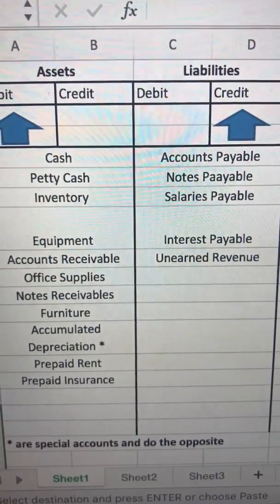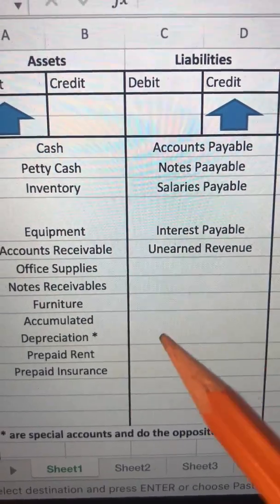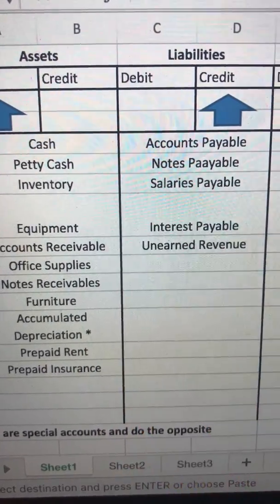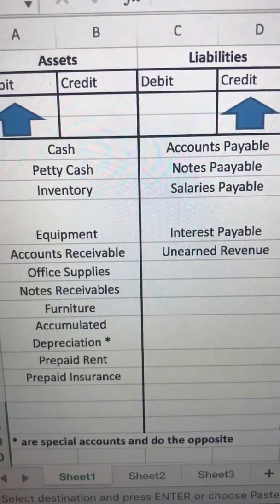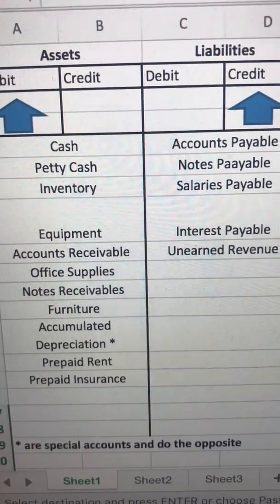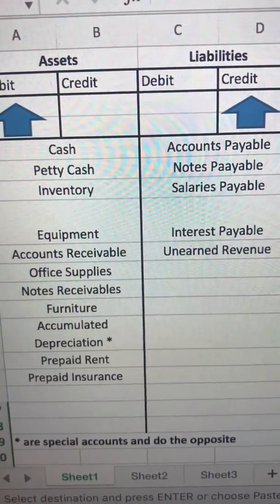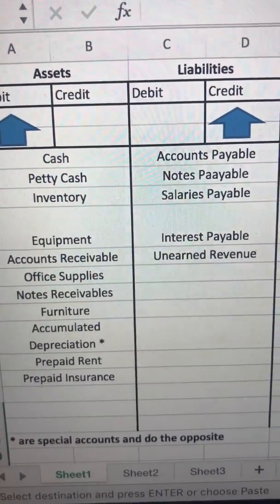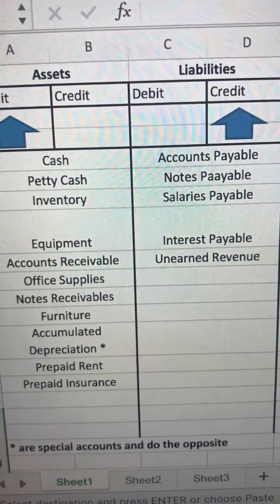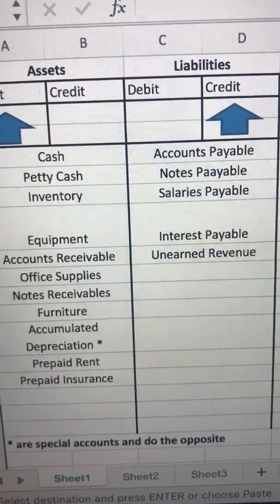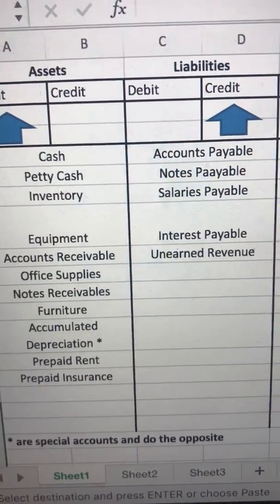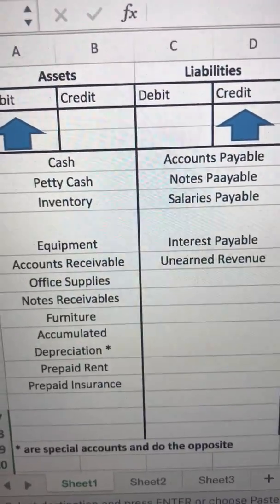Instead, we have this special account called accumulated depreciation. Accumulated depreciation, as you saw in the video, is what they considered a contra asset account. It's an account that goes against an asset. So it's kind of in partner with the furniture. It indirectly is going to decrease the value of the furniture without ever crediting furniture. It's just all going to collect in this holding account.